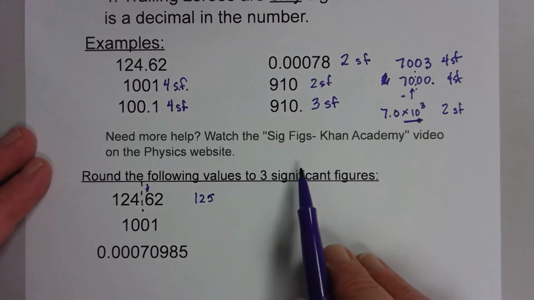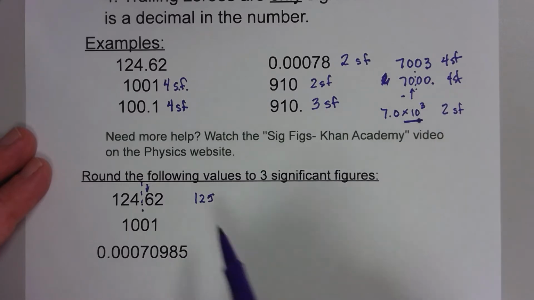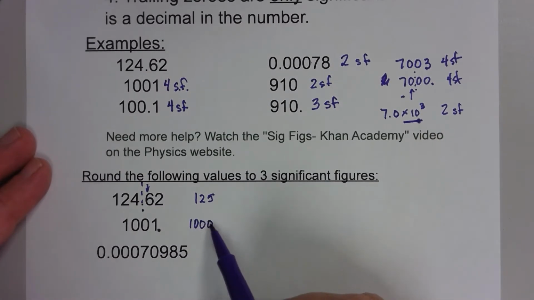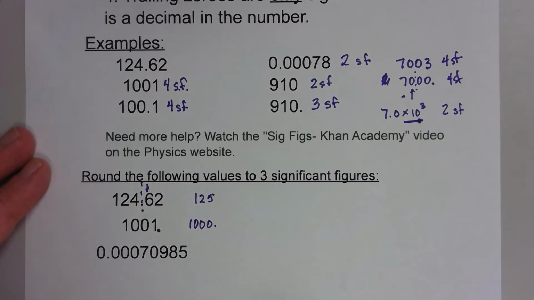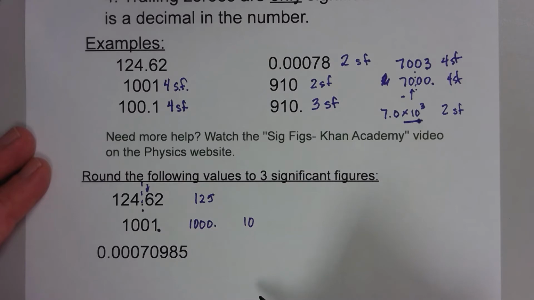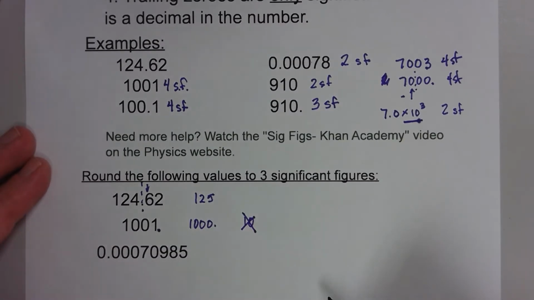1001 to 3 significant figures is the same problem I was just discussing up here. If we round it to 1,000 and put a decimal place, that's 4 sig figs. If we just call it 10, of course 10 and 1,000 don't mean the same thing, so that gets us really far from what 1001 means to 3 places of significance.